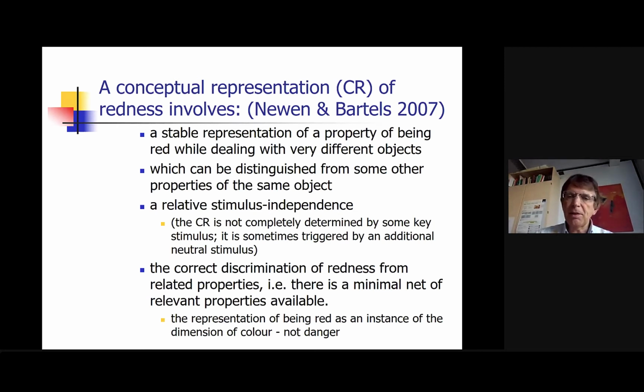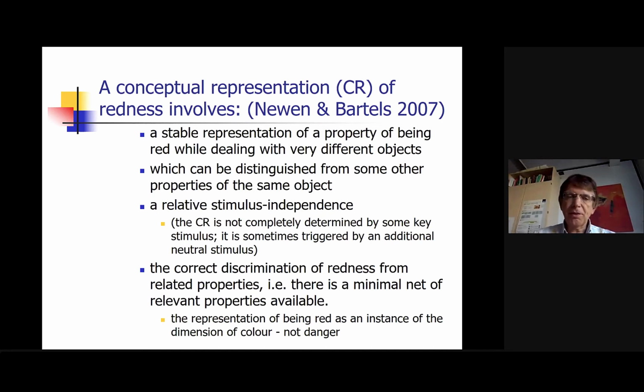Furthermore, a relative stimulus independence should be possible, such that if you have a certain perceptual input of a red wooden object, then you should have the possibility to introduce a new stimulus which allows you to focus either on the color or on the material.